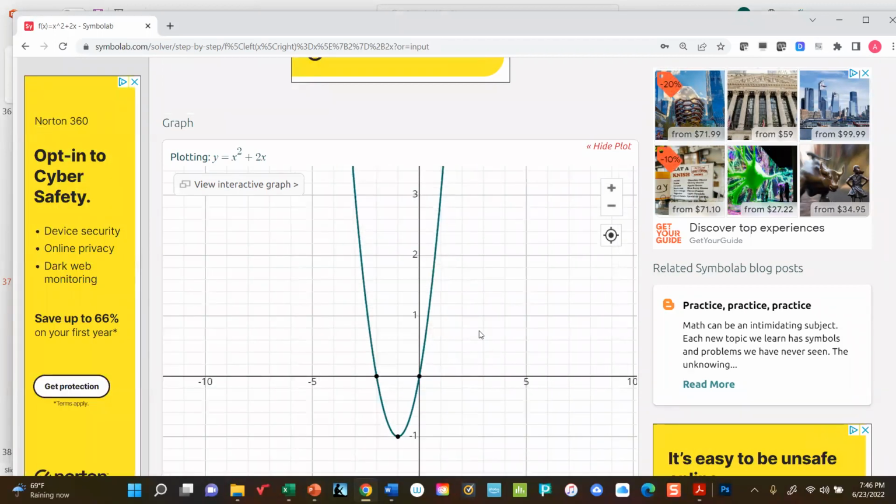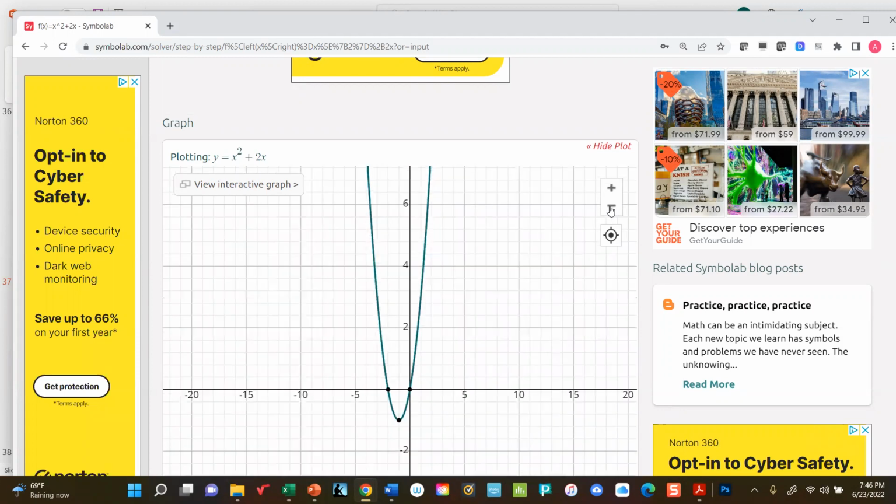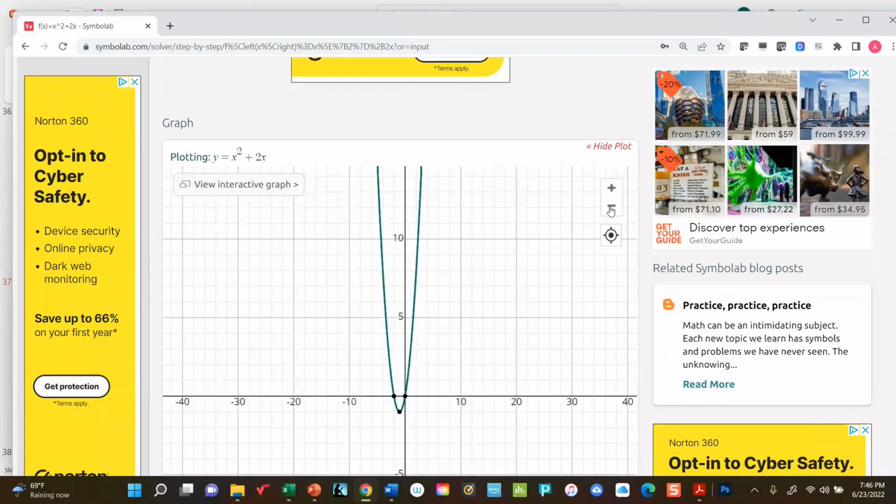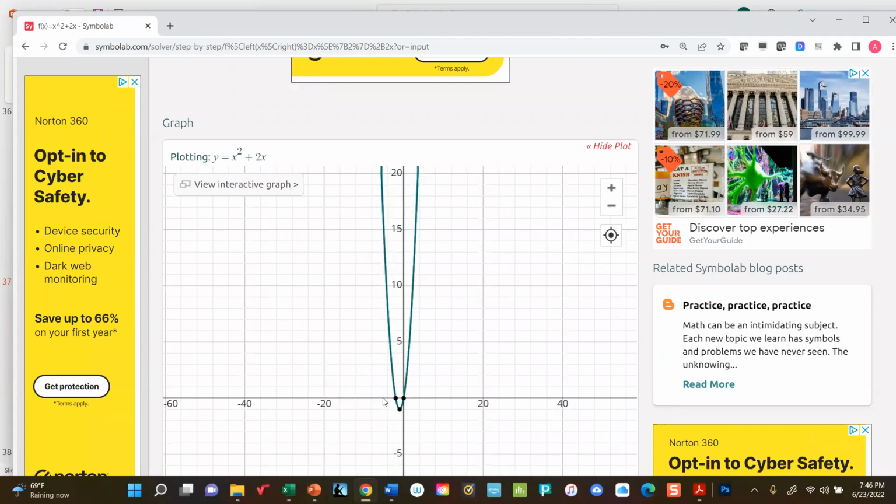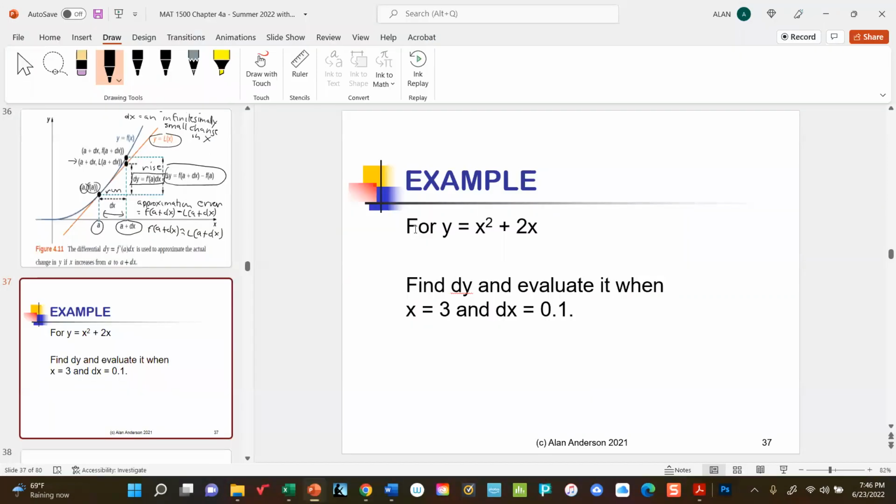Geez, it's going to be huge. 15. That's what the problem is. So we've got to really shrink it up here. When x is 3, y is 15. So, okay, well, let's try to draw this.